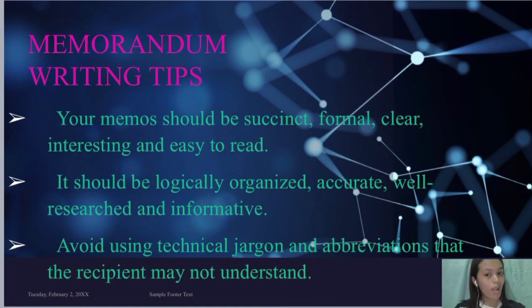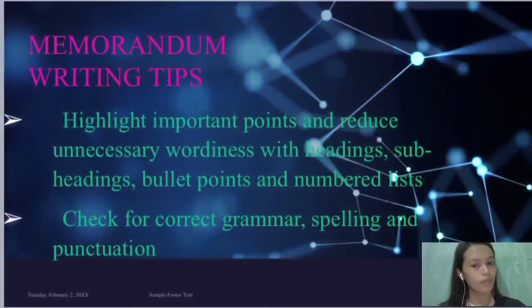Next, avoid using technical jargon and abbreviations that the recipient may not understand. This is to avoid complications, so that the reader will not have a hard time understanding your memo. Next, highlight important points and reduce unnecessary wordiness with headings, subheadings, bullet points, and numbered lists.